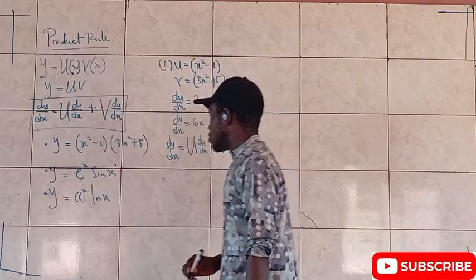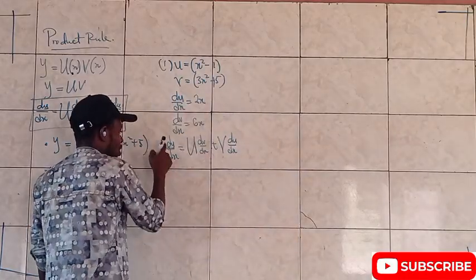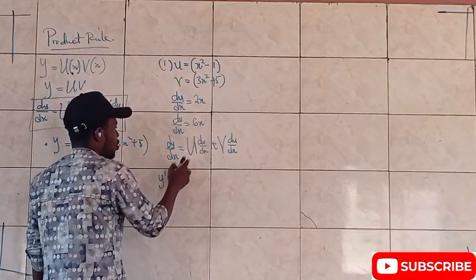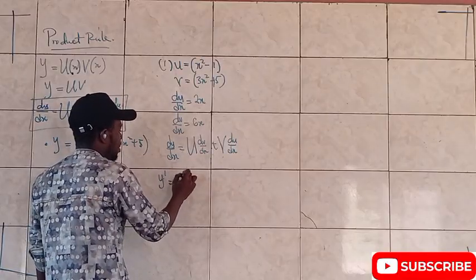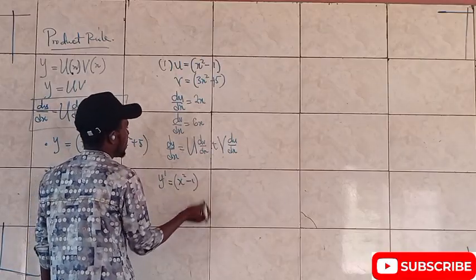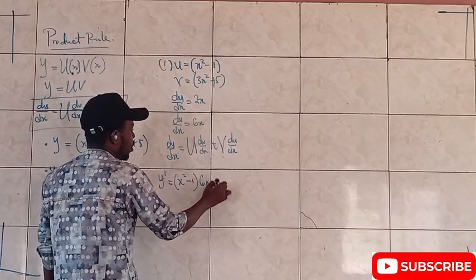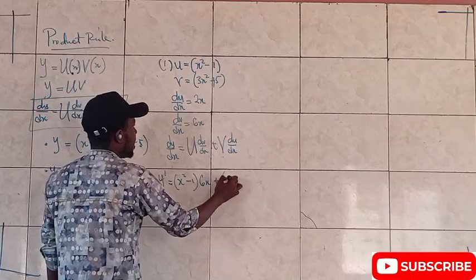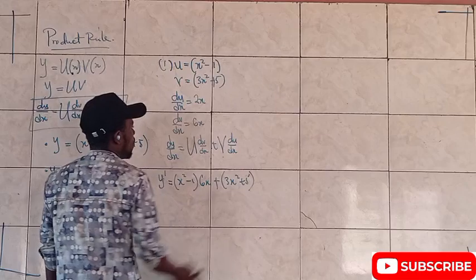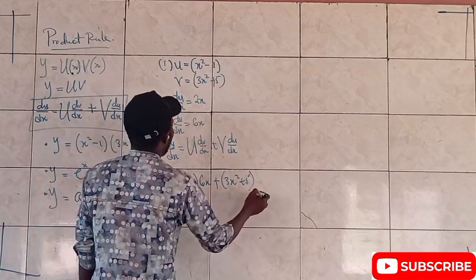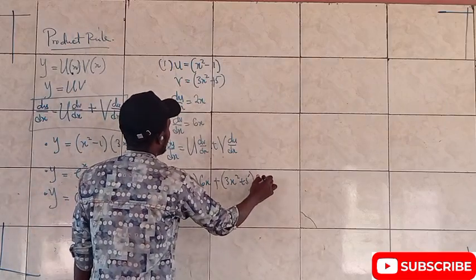Then I do simple substitution for computation. dy dx also means y prime. So what is my u? My u is x squared minus 1. dv dx is 6x. Then plus, what's my v? My v is 3x squared plus 5. What is my du dx? My du dx is simply 2x.